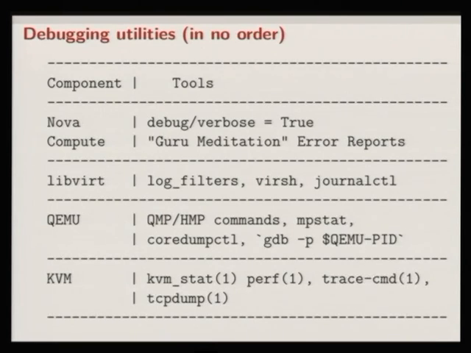When debugging, I personally do use the QMP commands because libvirt uses the QMP interface, so I just have my eyes tuned to looking at the JSON blobs of QMP commands.